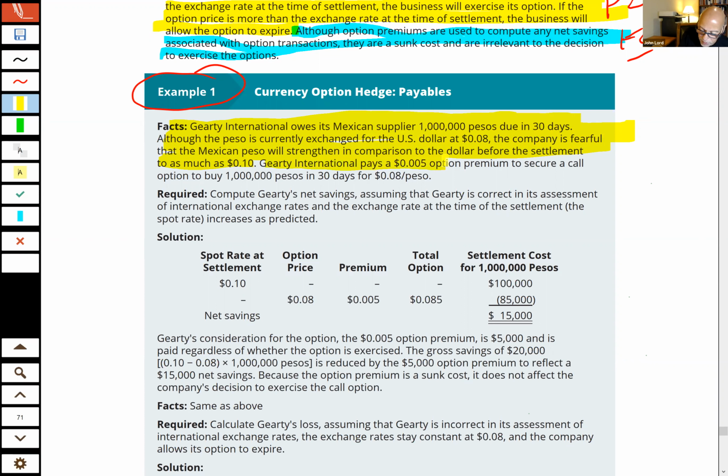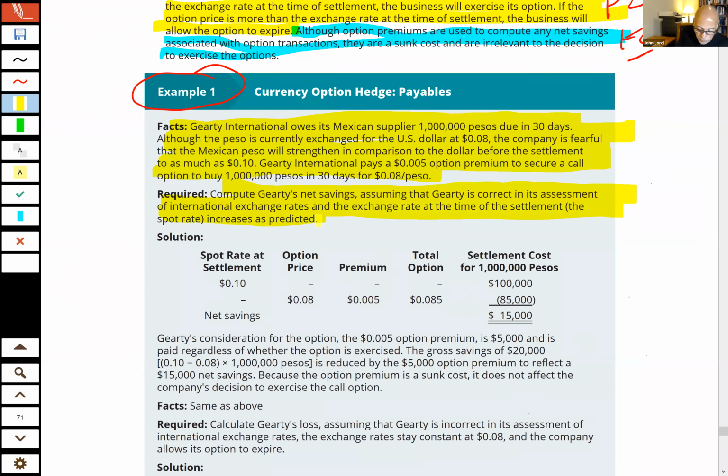Garrity International pays a 0.005 option premium to secure an option to buy the 1 million pesos for 8 cents. Compute Garrity's net savings, assuming that Garrity is correct and the exchange rate at the time of the settlement increases as predicted.